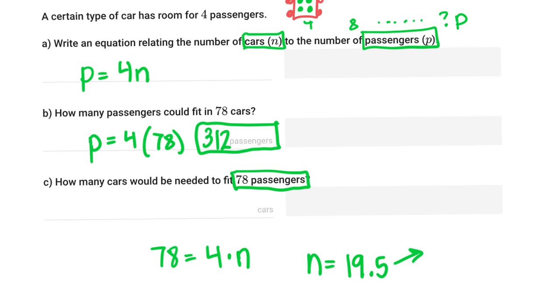So in order to have enough cars to fit all 78 passengers, we would have to round it up. Because if we round down, we do not have enough cars. All right, so that one's pretty simple. It actually has nothing to do with percentages, but it does have something to do with equations. Remember, to undo multiplication, we are going to look at dividing.